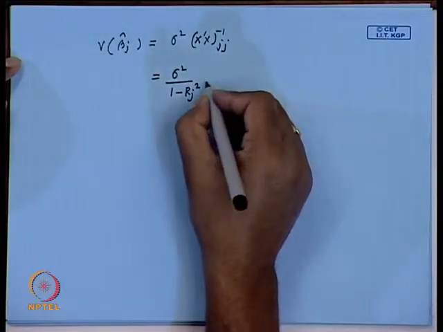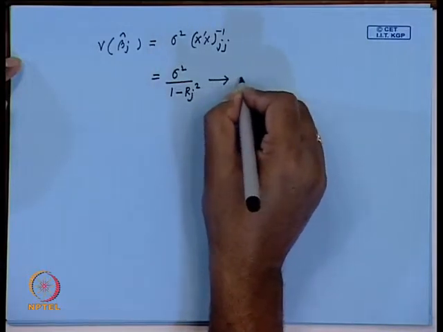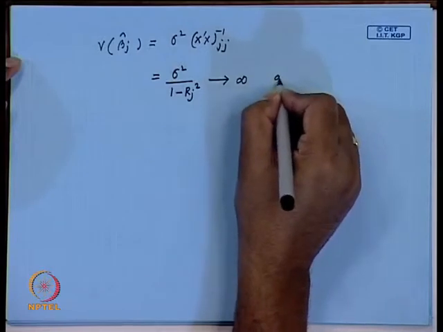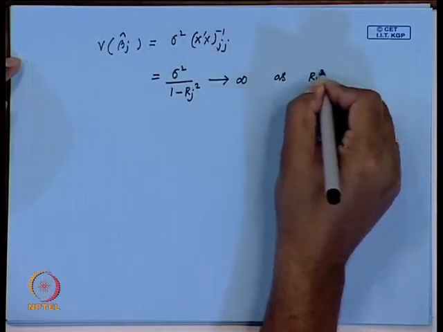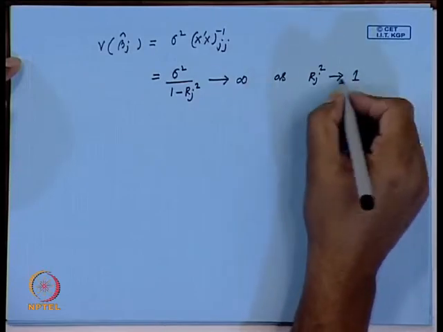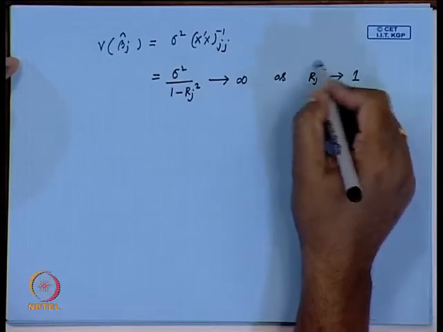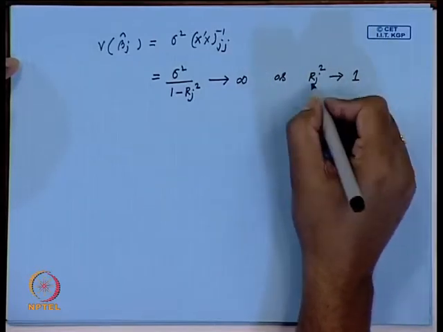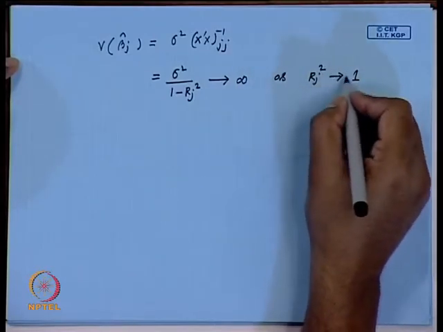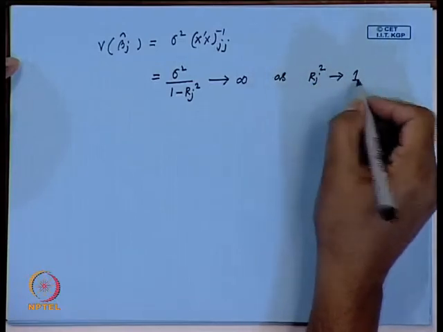This tends to infinity as Rj square tends to 1. Most of the time we write this in terms of percentage, so Rj square is 100% means that Rj square tends to 1.